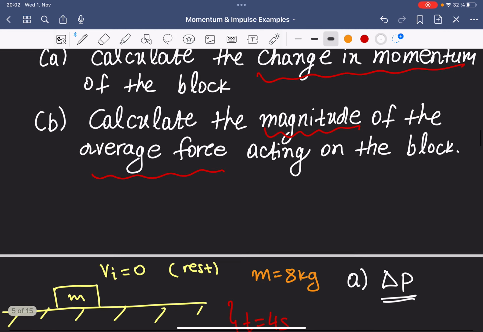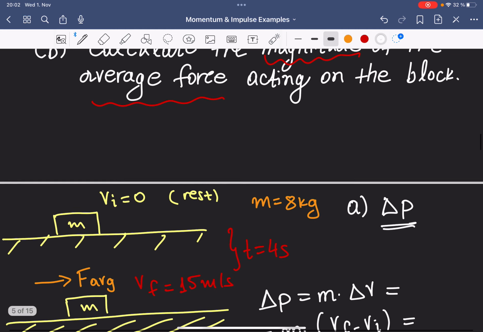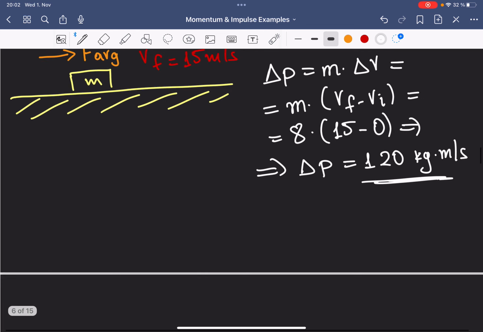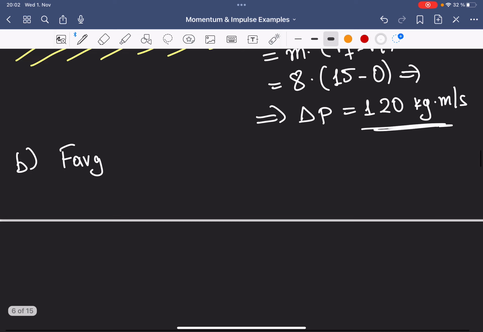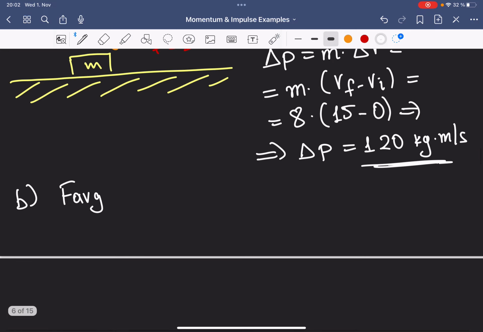Question B, the magnitude of the average force acting on the block. For B, we want to calculate the F average. Now for this one, we have two ways to do it. Let's see the first approach.